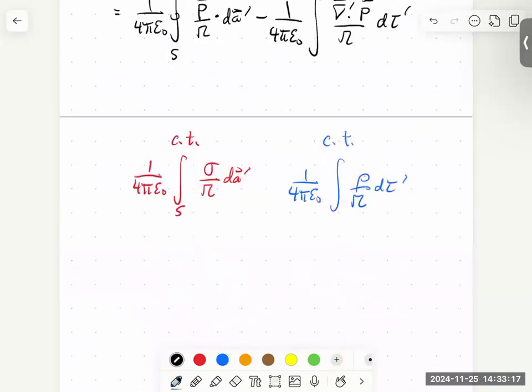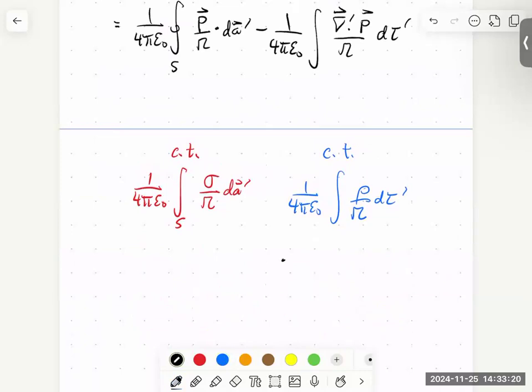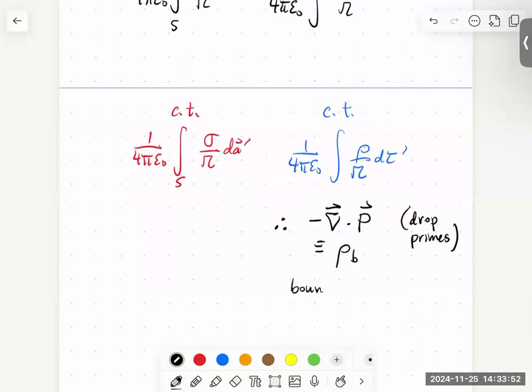Okay, so let's start with this one. This one's a little easier. So we can associate this minus the divergence of the polarization, and let's drop the primes at this point, as what people call a bound volume charge density.